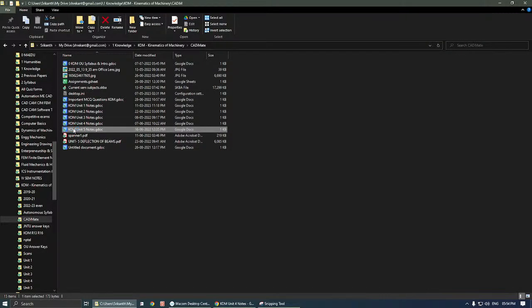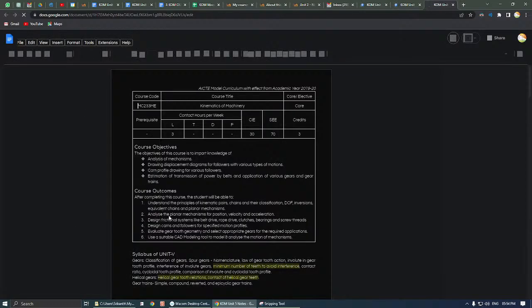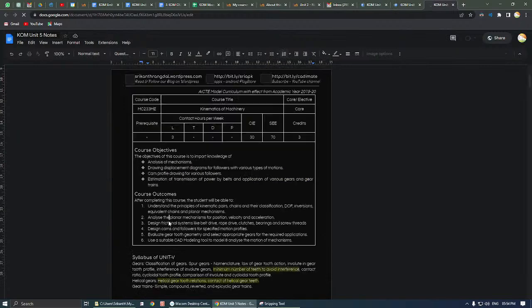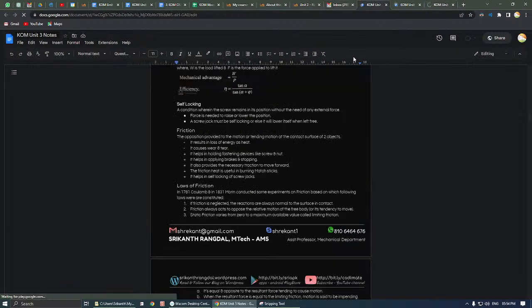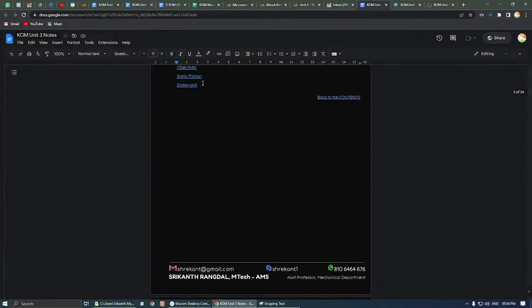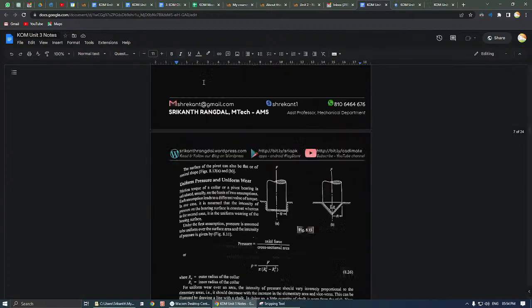Last one is supposed to be gears. Yeah, gears and gear trains. And talking about friction and other stuff is present here.